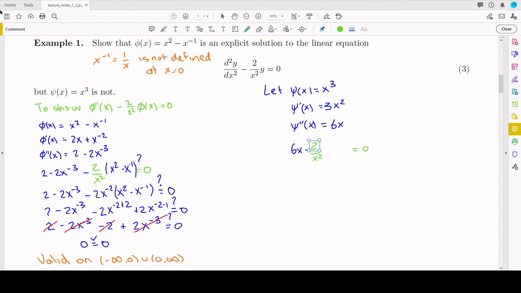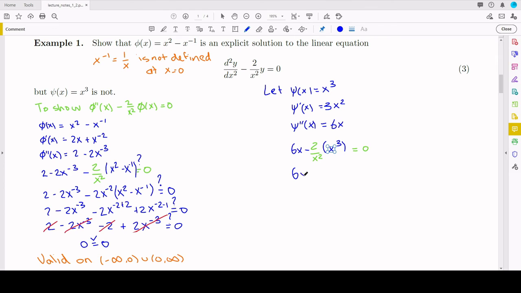So what are we multiplying that last part by? That's going to be our original function, so that's going to be x cubed, right? So 2 over x squared, and then we plug in x cubed, and let's simplify that.